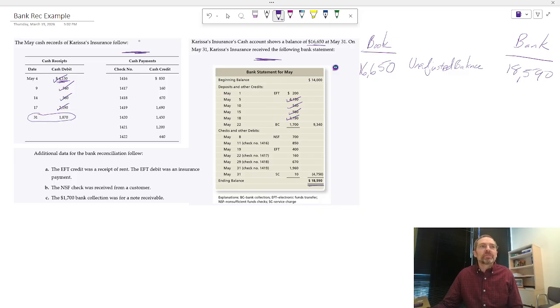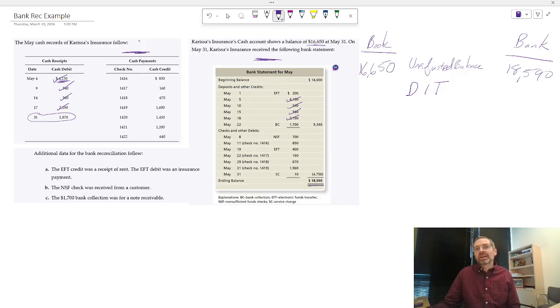All right, and we found one difference. This is a deposit in transit. I will abbreviate it DIT. I need to put it on the side that doesn't know about it yet. My books know about it. It's on my book side, but the bank doesn't know about it. So I need to put it in the column that shows the bank.